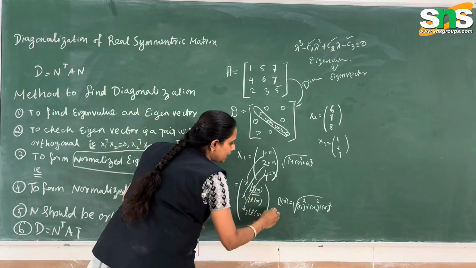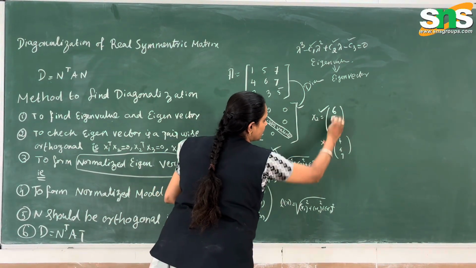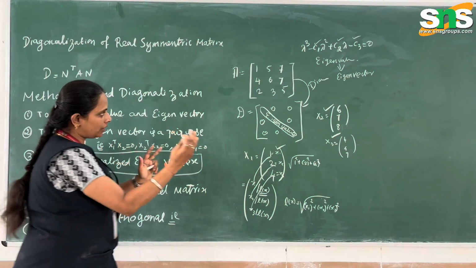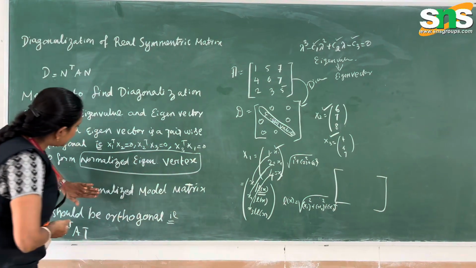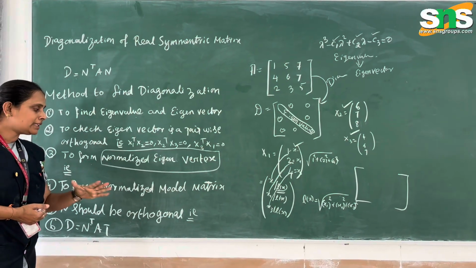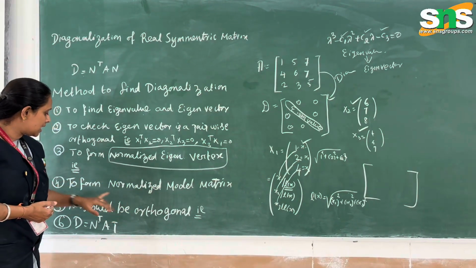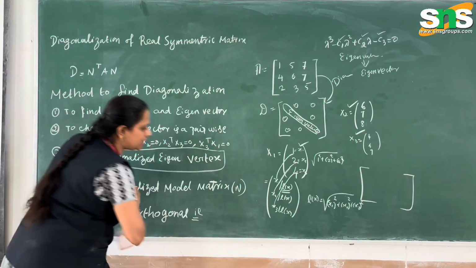Combining all the normalized eigenvectors x1, x2, x3, we form a new matrix, that is the normalized modal matrix, which is denoted by the symbol N.